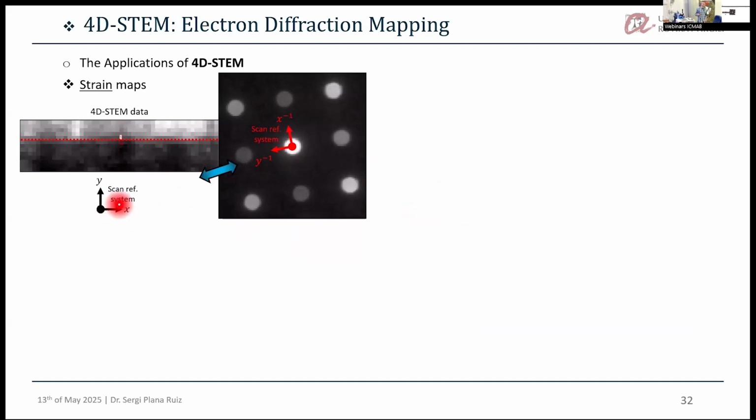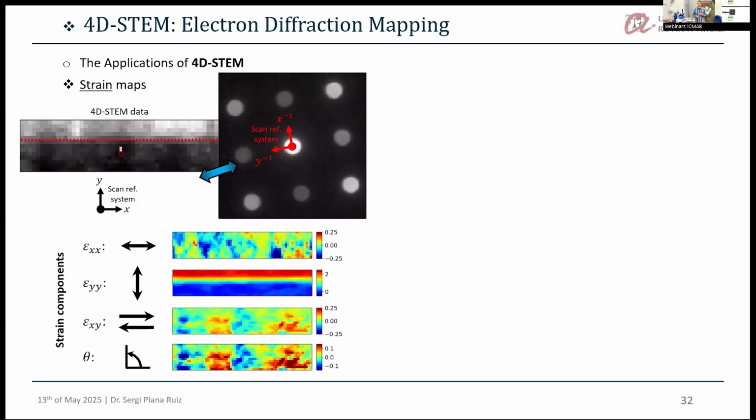When we know how the scan reference system relates to the diffraction pattern, we can then calculate the different strain components: in X, in Y, let's say, shear strain, and then the rotation. By doing this, in this case, which is not really interesting, the idea is that we can see how the shrinking is happening in this direction.